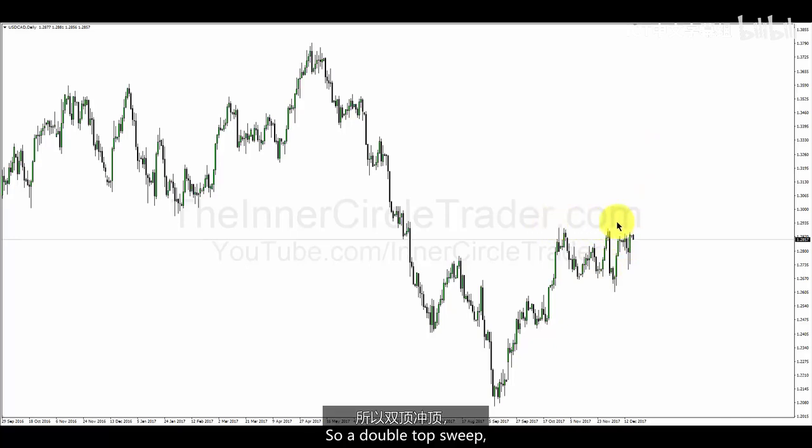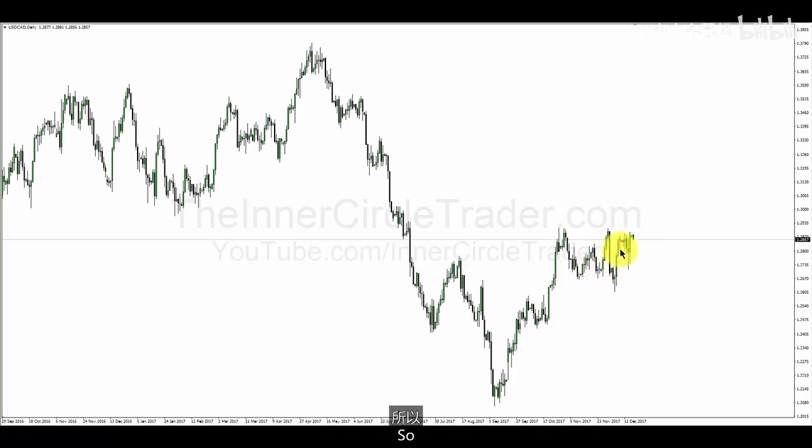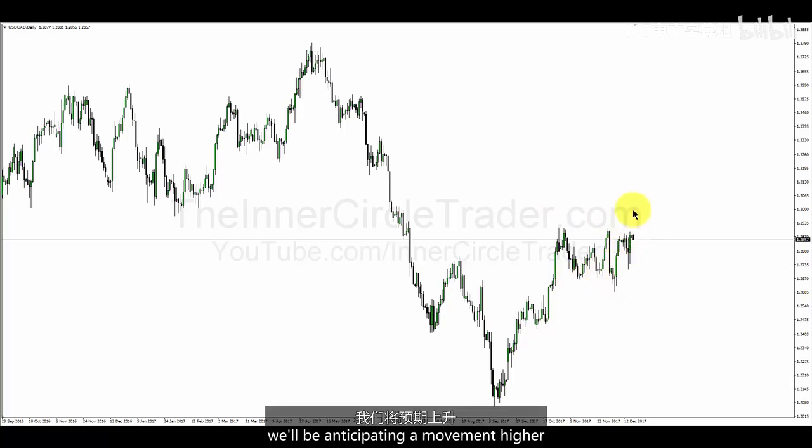So a double top sweep, we would look for that to occur. We've already had double bottom swept here and then rejection. So we would be anticipating a movement higher to clear out the liquidity above these equal highs and maybe make an attempt to go a little bit higher up from the range that's created from this high to this low.